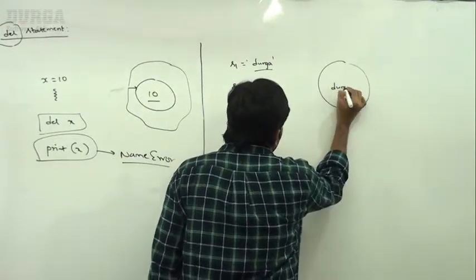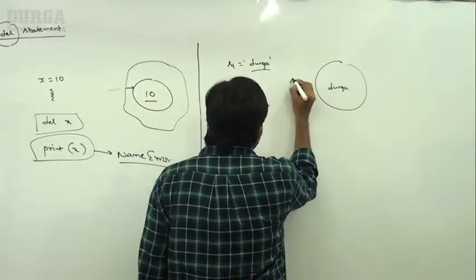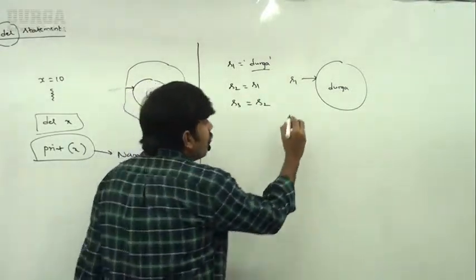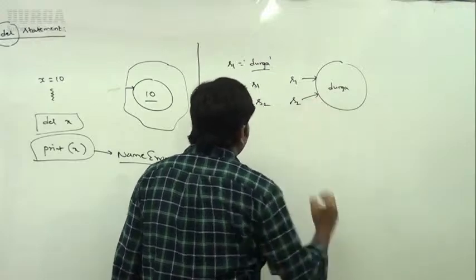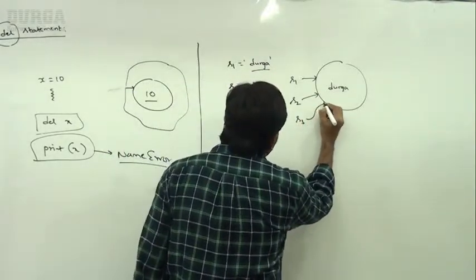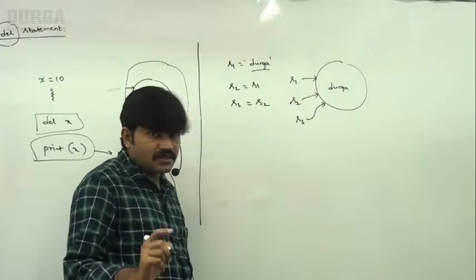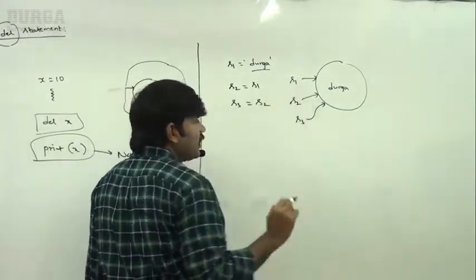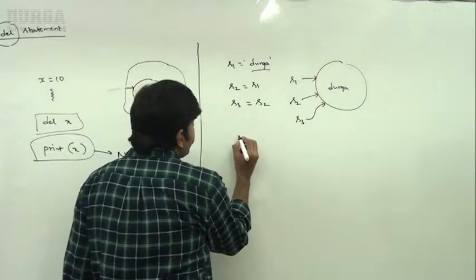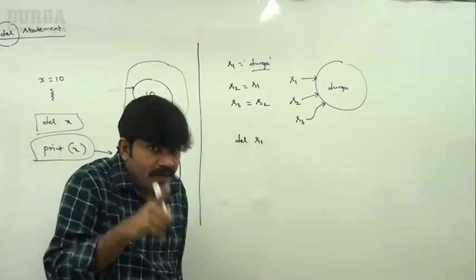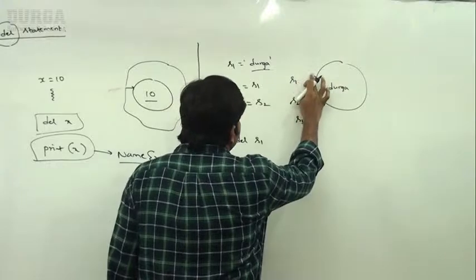The diagrammatic representation is here. s1 refers to Durga. s2 is equal to s1 means s2 is also pointing to the same object. Next, s3 is equal to s2 means s3 is also pointing to the same object. So a single object is referred to by multiple references. If I use del s1, only the s1 variable will be deleted.